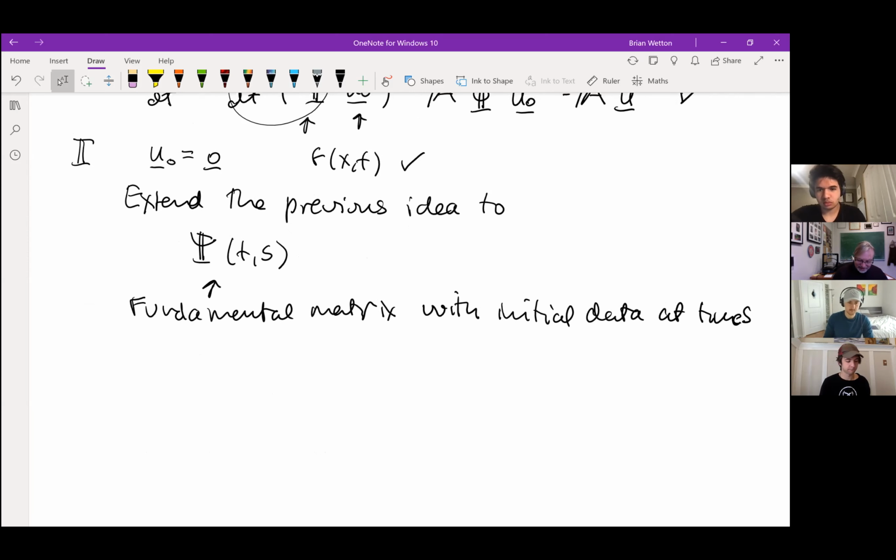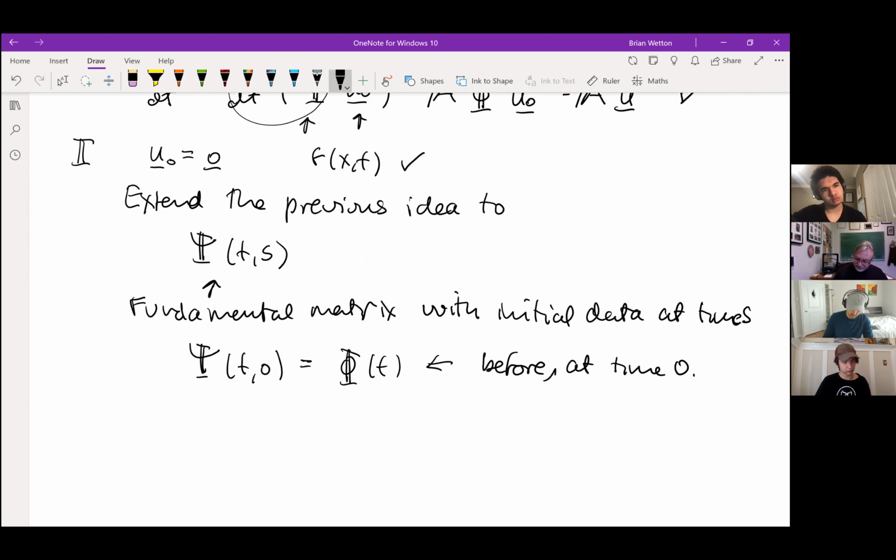So there's a few things I can say. If I look at this kind of generalized thing, I just get this one that we had before. If I have the initial data at time 0, I'm going to get the same matrix I had before.